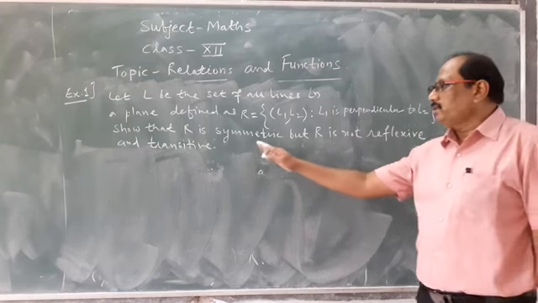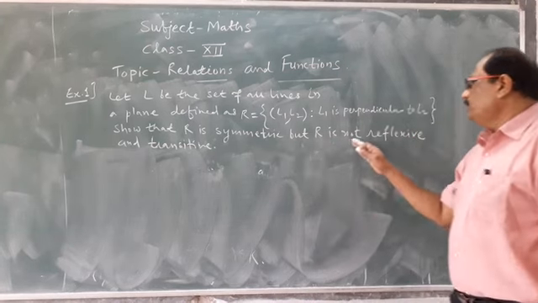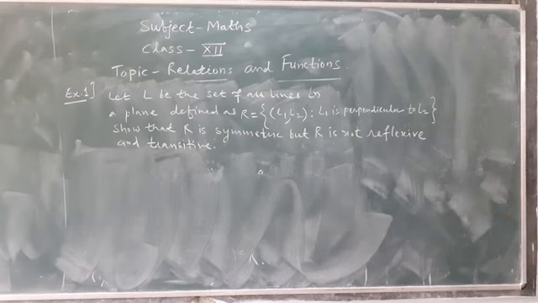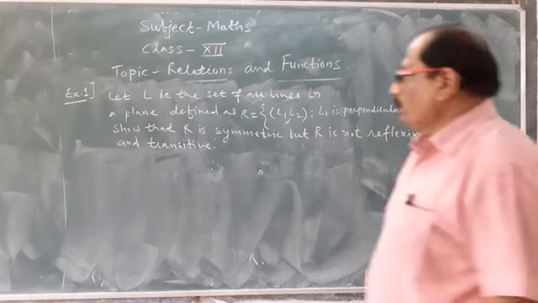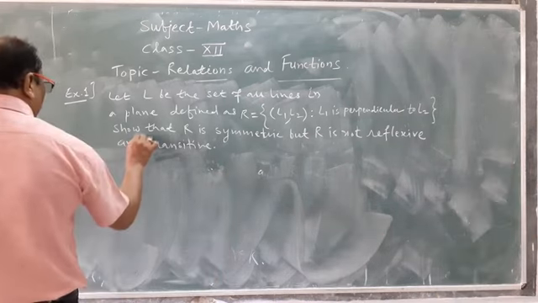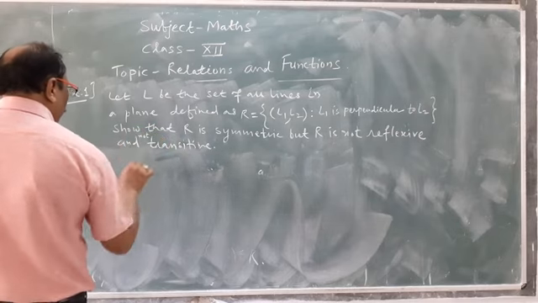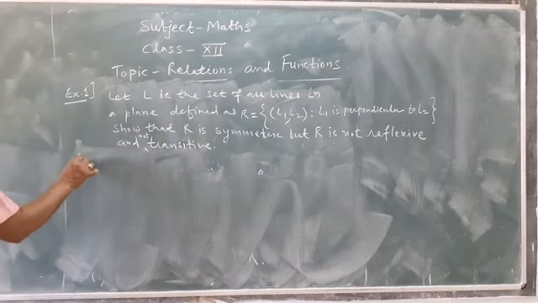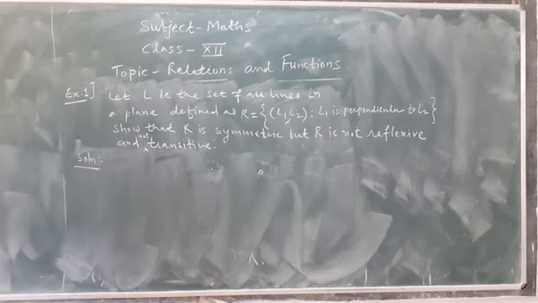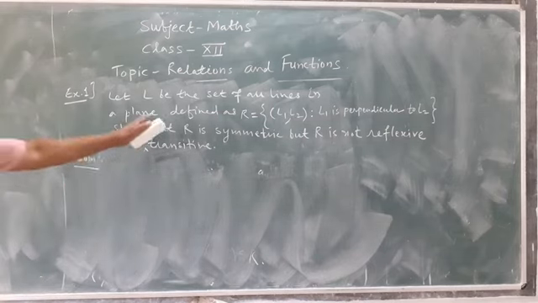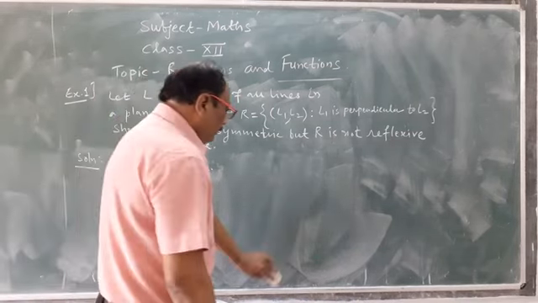Show that R is symmetric, but R is not reflexive and not transitive. We solve this problem. Here we take the line L1.